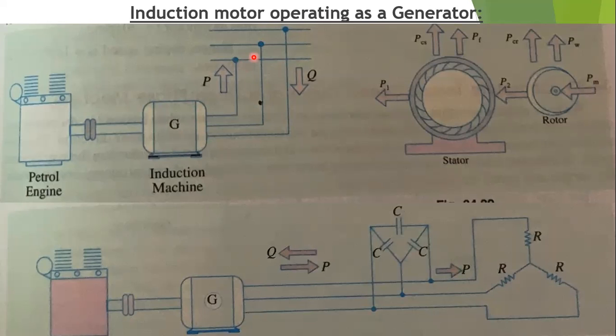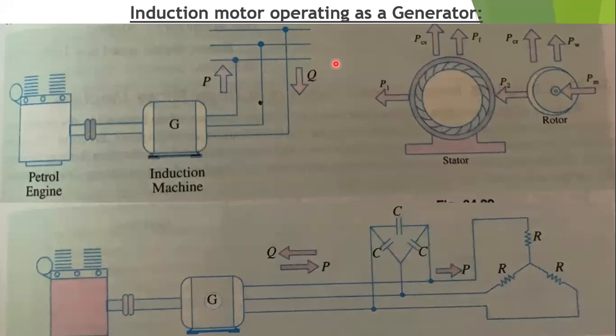You can see here, we are taking an ordinary squirrel cage rotor, this is a stator, and this is driven by the petrol engine. This whole combination, petrol engine and induction machine, is connected to a three-phase supply.